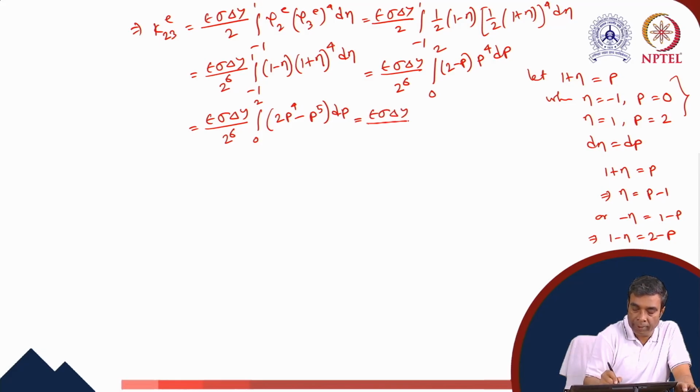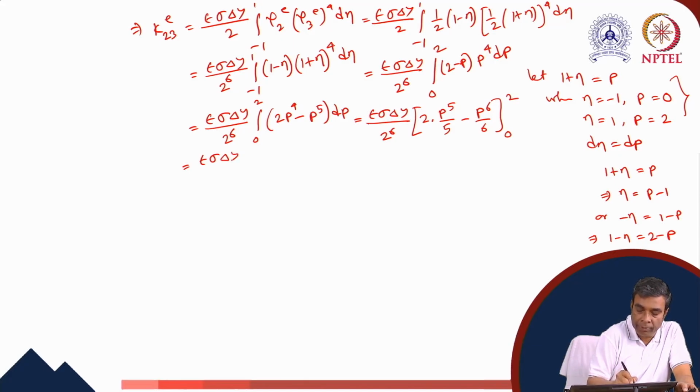This equals epsilon sigma delta y by 2 to the power 6, 2 into p to the power 5 by 5 minus p to the power 6 by 6. So this gives us epsilon sigma, where p is varying from 0 to 2, delta y by 2 to the power 6 into 2 to the power 6 by 5 minus 2 to the power 6 by 6.